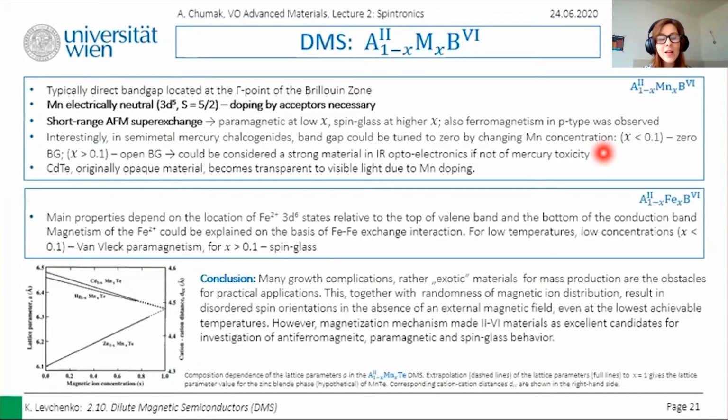So all this creates obstacles for mass production, together with the high cost of production of this material. But it's interesting from the point of view of spin phenomena investigations, like antiferromagnetic, paramagnetic, and spin glass behavior.